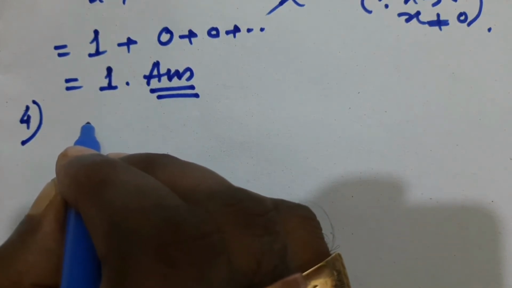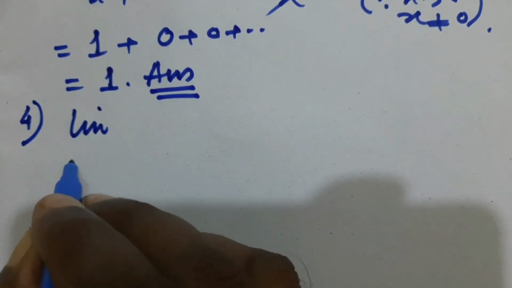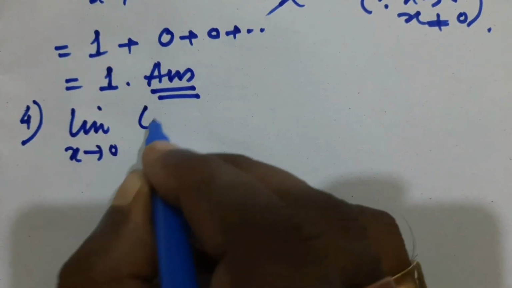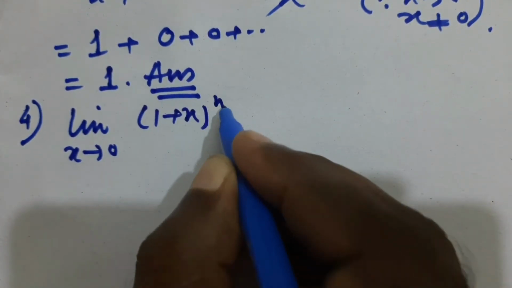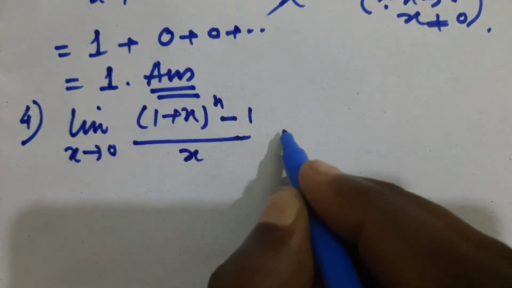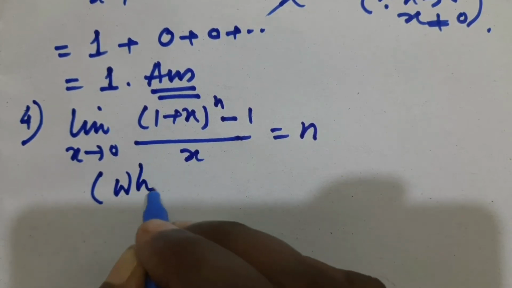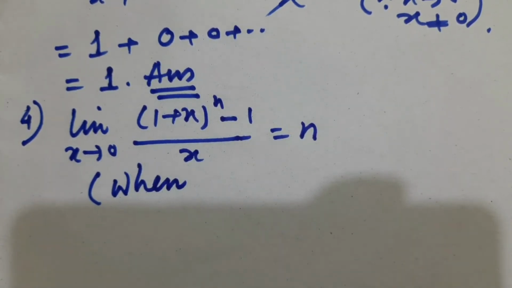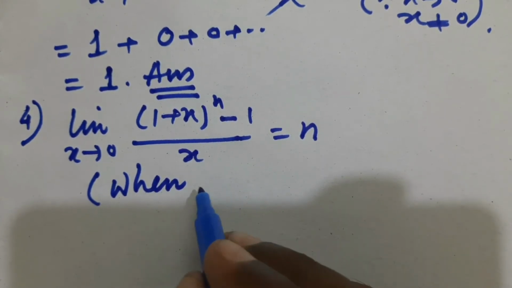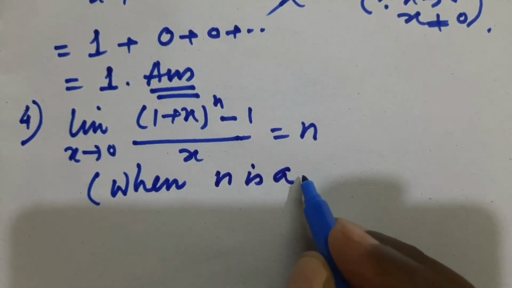If n is a rational number, limit x approaches 0, (1 plus x) whole to the power n minus 1, by x, is equal to n, when n is a rational number.